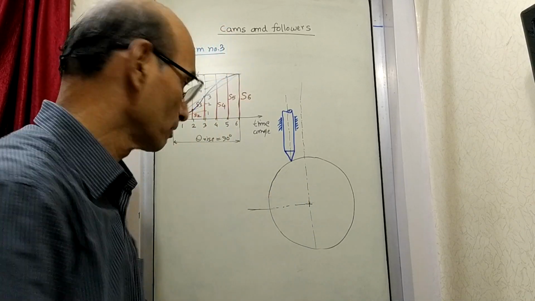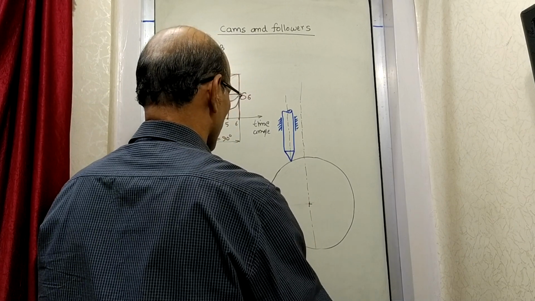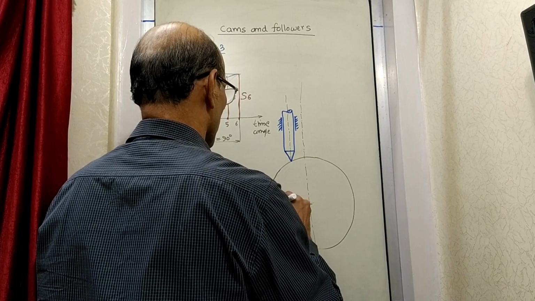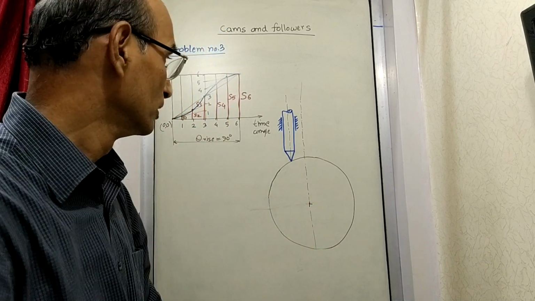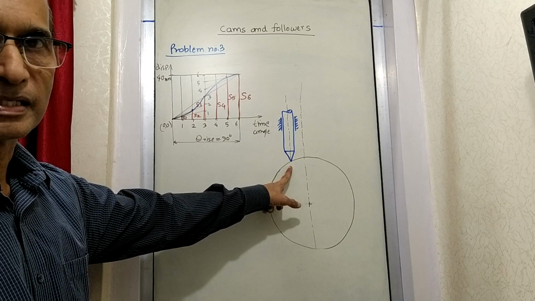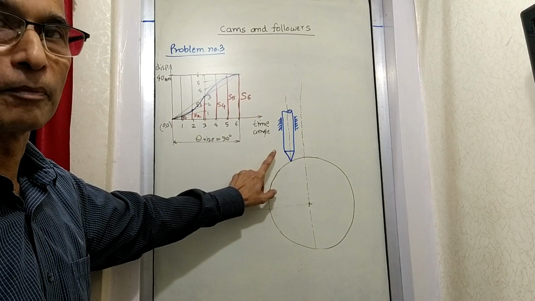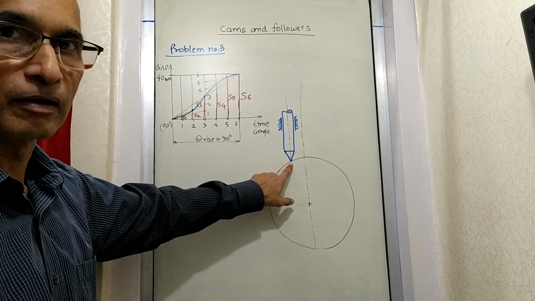Maybe I will not draw this line. We are not going to show the axis. Now see what happens. There is an offset distance here. So when the line is at 0 position, the initial position, at that time the follower is here.